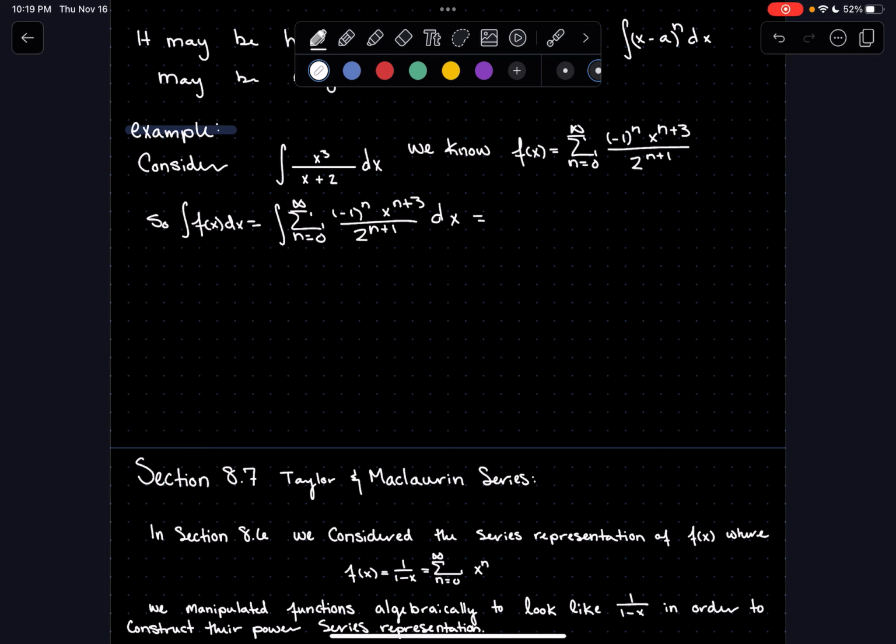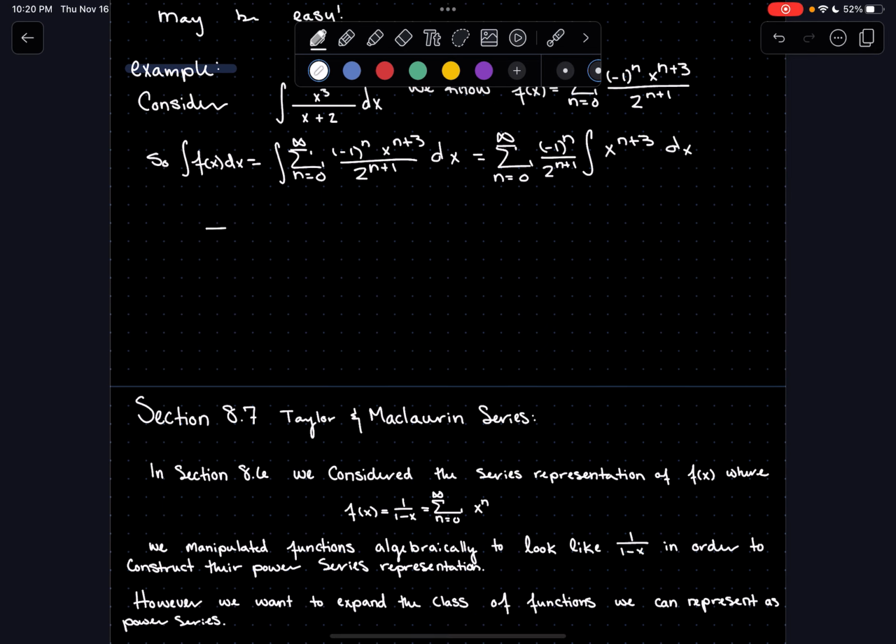So this ends up being equal to this sum, n equals 0. Lots of writing, but not so bad. The only thing that I'm integrating that's in terms of x is x to the n plus 3. So I'm going to keep the negative 1 to the n over 2 to the n plus 1 outside the integral, just for ease. x to the n plus 3 dx. This is an easy integral, right? It's just the power rule.